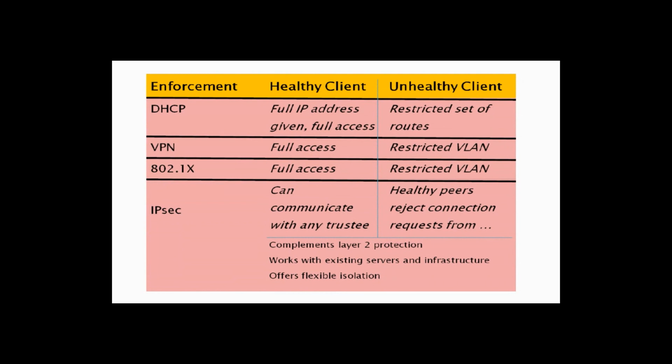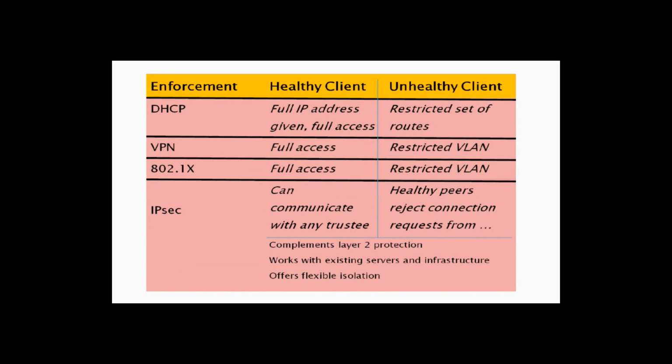In IP security, as we mentioned before, all the traffic is encrypted. So a healthy client can connect with any other devices inside the network using full encryption and the full detail of authentication and authorization.